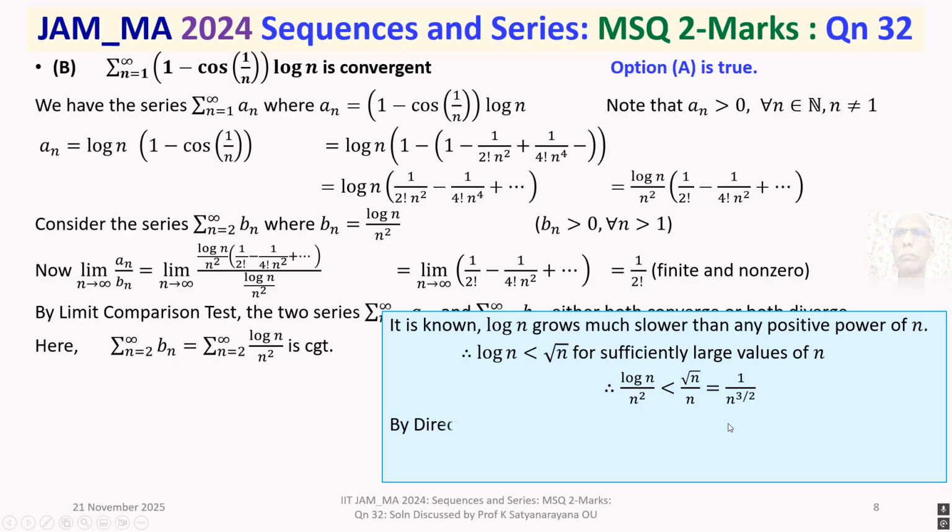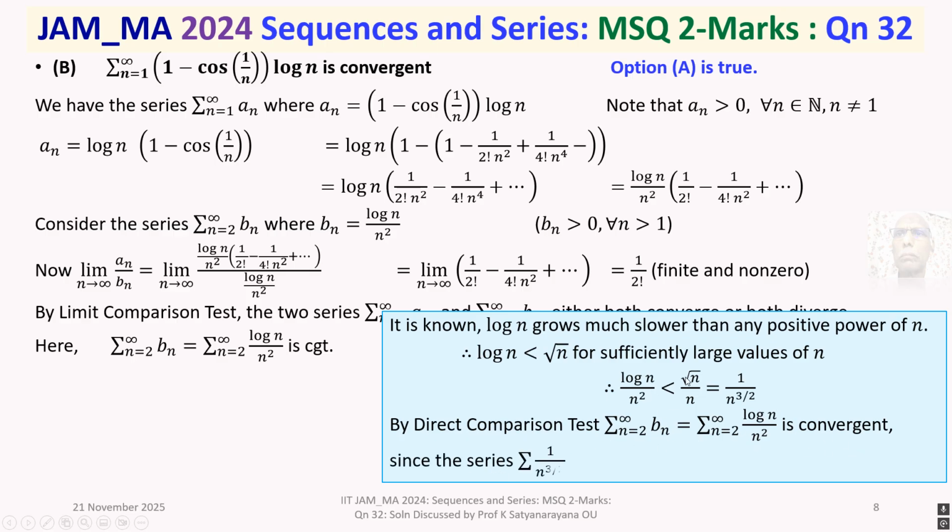Right. So by direct comparison test, log n by n square is compared with 1 by n to the power of 3 by 2. And by direct comparison test, sigma bn, that is sigma log n by n square, is convergent because the series sigma 1 by n to the power of 3 by 2 is convergent by p series test for p is equal to 3 by 2 greater than 1.